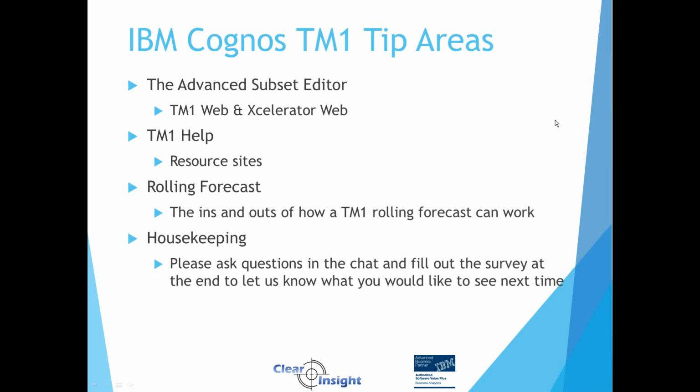So some resource sites, both IBM based and a few that I personally enjoy using. And then I'll finally discuss the rolling forecast. So some ins and outs of how one method of approach will work. There are a few ways of doing it, but I'll show you just one of those.